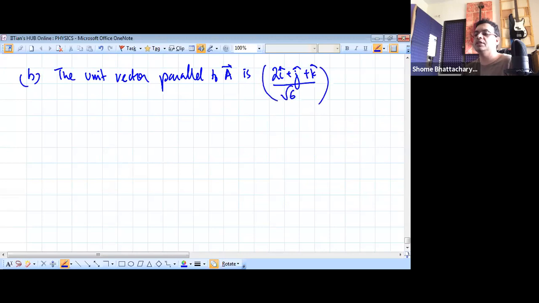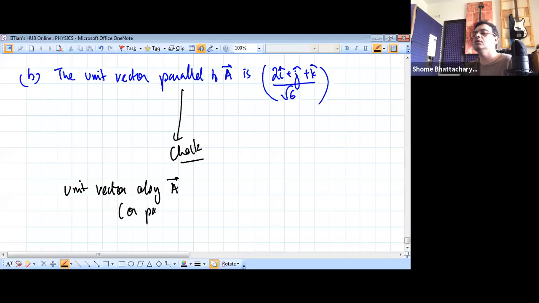Now this is even easier to check because now how do we check this? So we know that the unit vector along A, that is the same thing as parallel to A, is nothing but A cap, which is the vector A divided by its magnitude. So this A cap should only be this. If this statement is correct, then A cap should come out to be this vector.